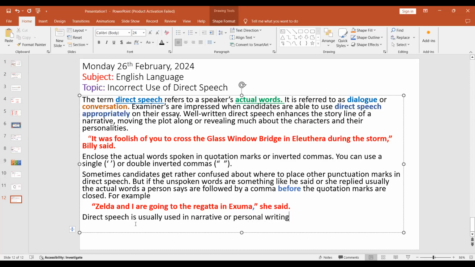If you are doing it in your narrative essay, you have to make sure that you start a new paragraph each time there is a change in speaker.